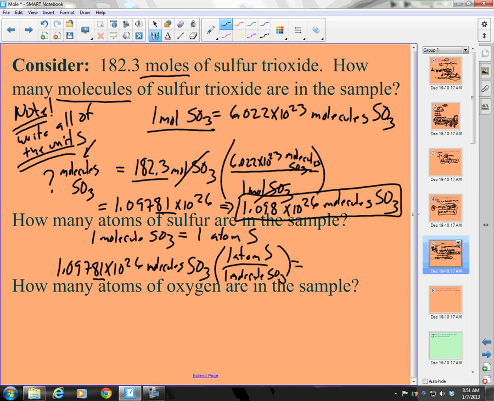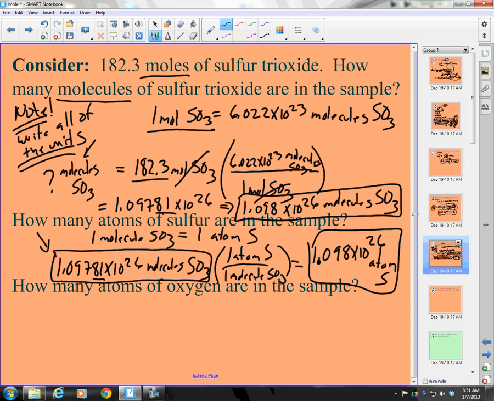And so I get 1.0, and we have to round to 4 sig figs, right? 1.098 times 10 to the 26 atoms of sulfur. Now notice, folks, I put in my unrounded amount here. Yeah, we don't want to round until we get to our final answer. And you'll see in this next question, you would get a different answer if you use the rounded amount.